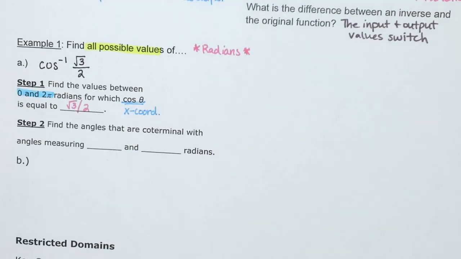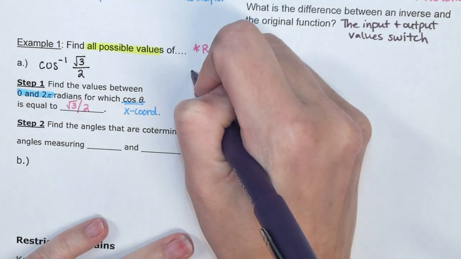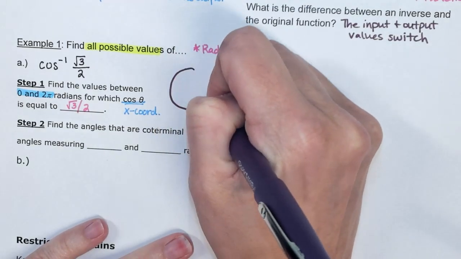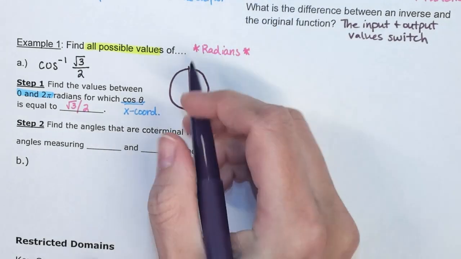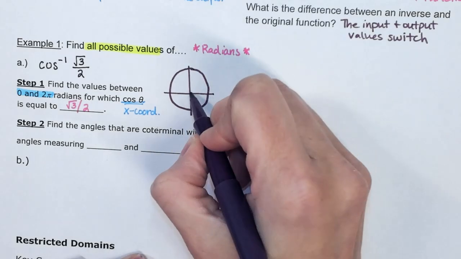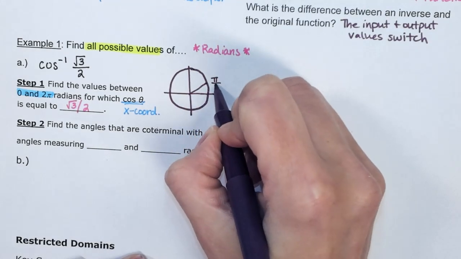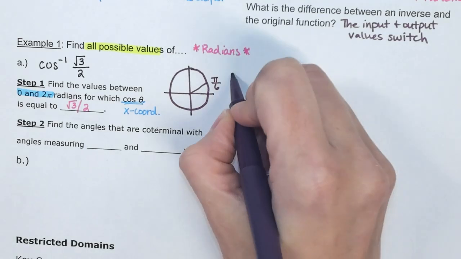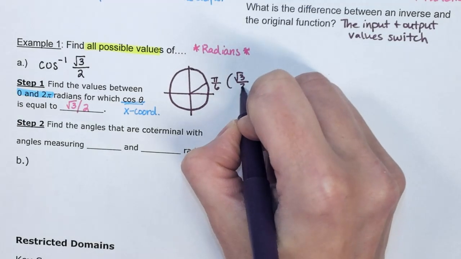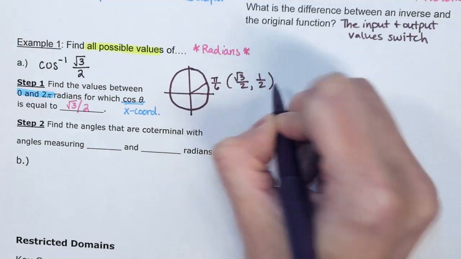Okay, so we're going to draw a little circle because I'm going to help you find the other one. There are values on the unit circle that occur more than once. So we're going to find the one in quadrant 1 first, like we did, pi over 6. And at pi over 6, we saw that the x value was root 3 over 2.